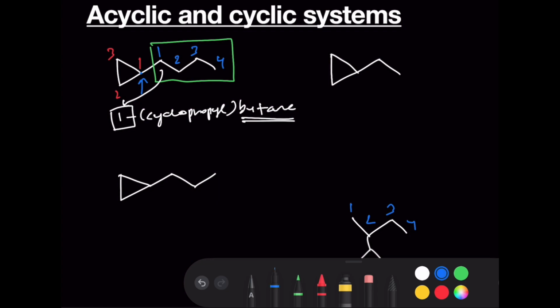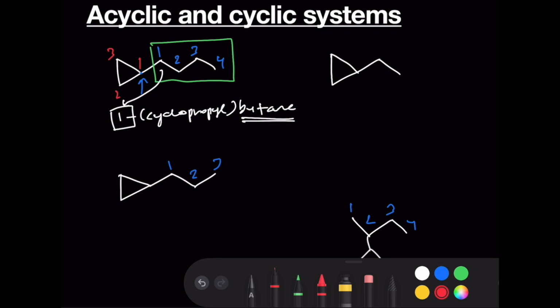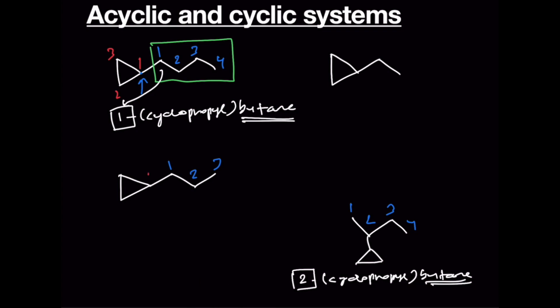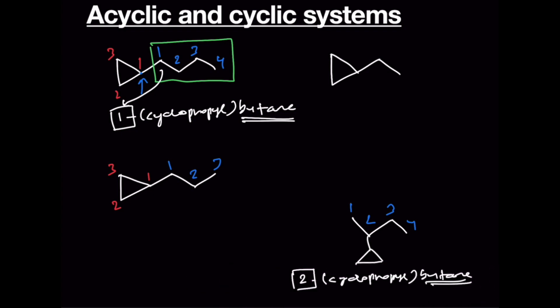Now, let us go to the next one. Here 1, 2, 3. The acyclic chain has 3 carbons and then the cyclic chain also has 3 carbons. 1, 2, 3. In this case, what to do? We have a tie. Whenever you have a tie between acyclic and the cyclic, then you have to choose the cyclic chain as the parent.